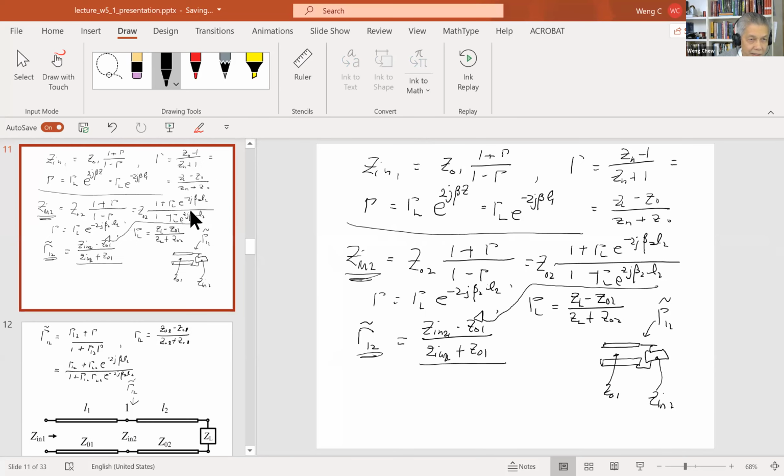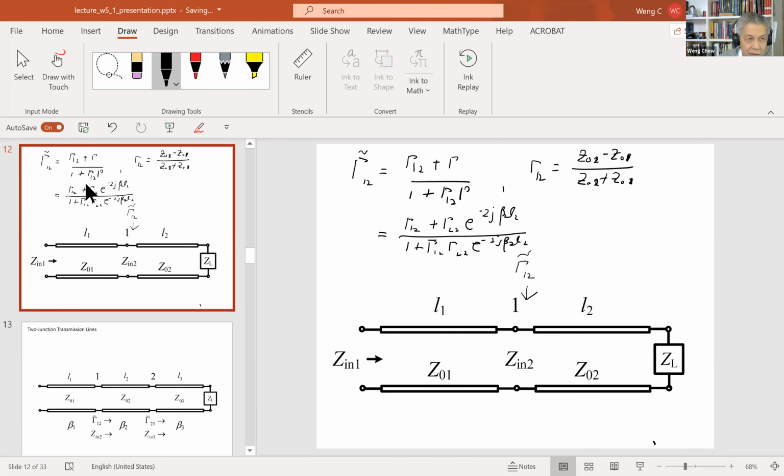You plug this in here, manipulate things, and then show that gamma 1, 2 tilde can be written in terms of gamma 1, 2 plus gamma, where gamma is this complicated thing over here, and then gamma 1L, which is the reflection coefficient at this end.